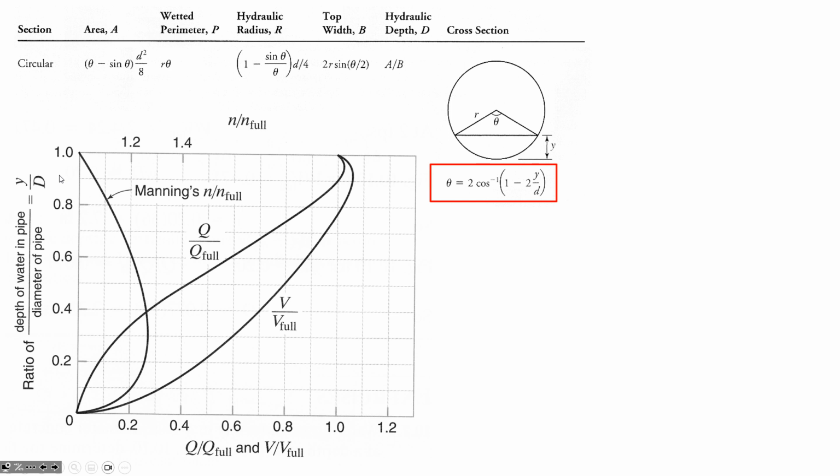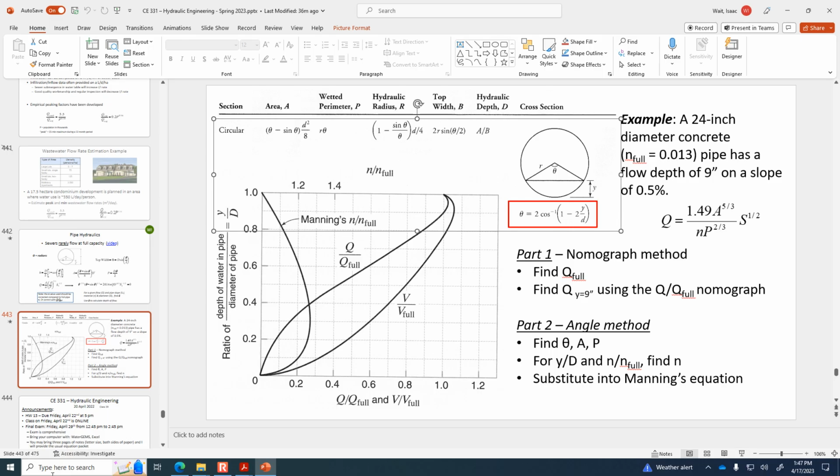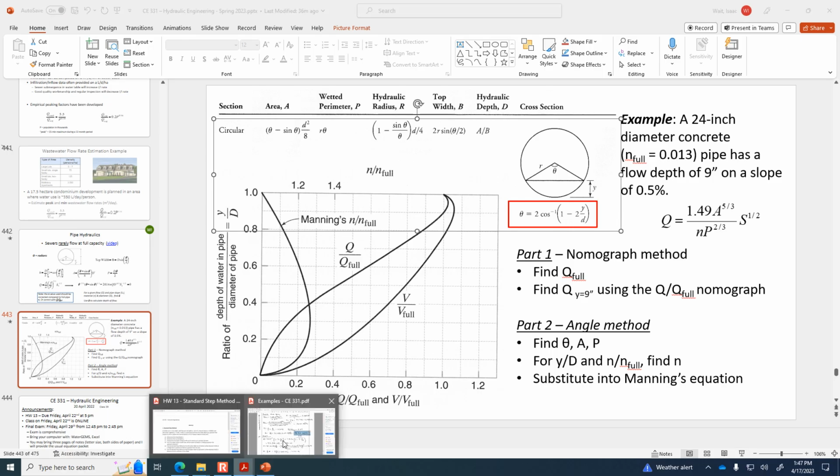So now we go over, oh, I'm so tempted to write on that. We go over and then up. So this is our Manning's n curve. So we go over and up and find that it intersects here. I call that 1.27. So the ratio of n to n full is 1.27.